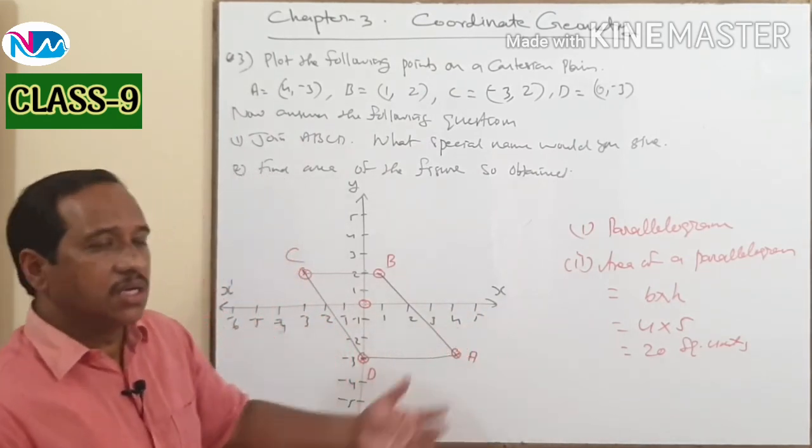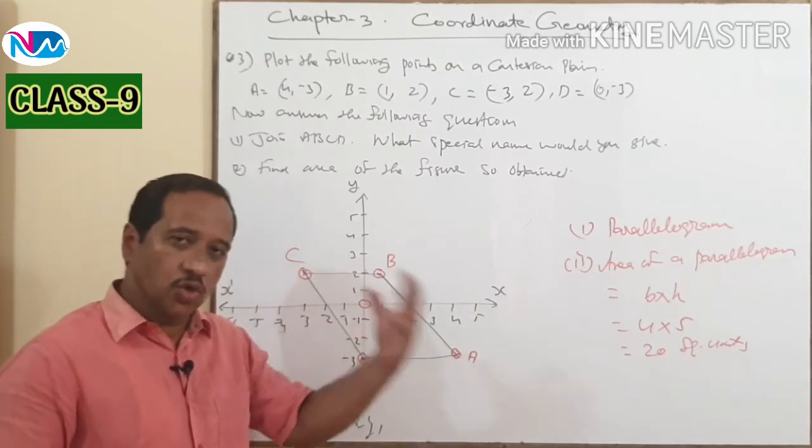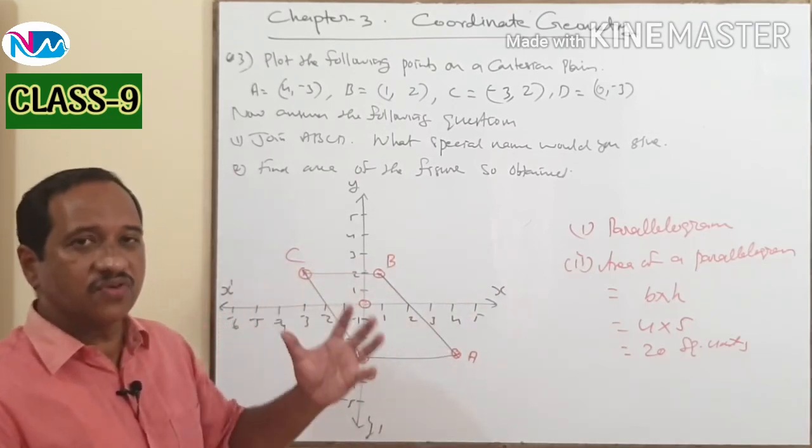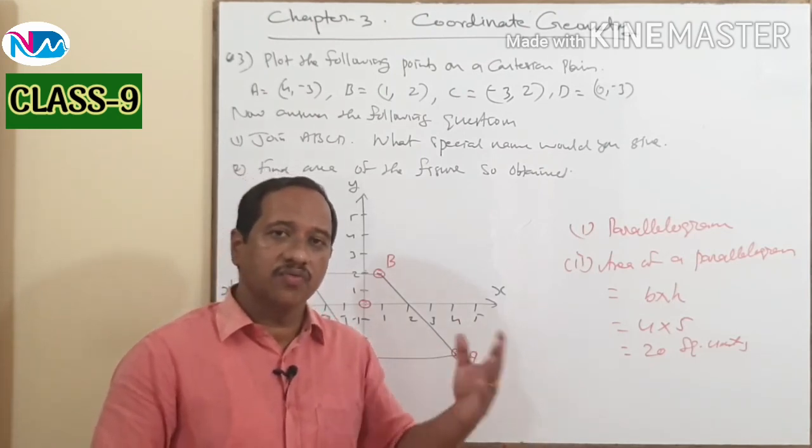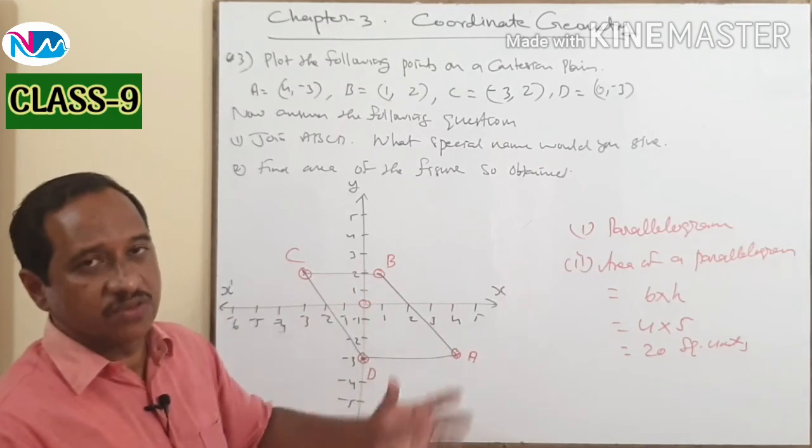So in this way, you can plot the points, join the points. You may get different types of quadrilaterals, triangles, and you can find the area of such figures.